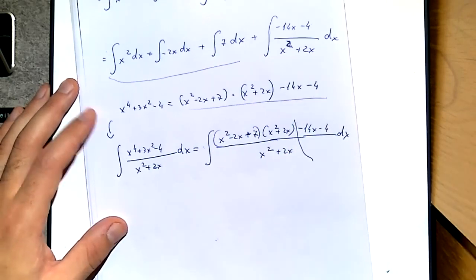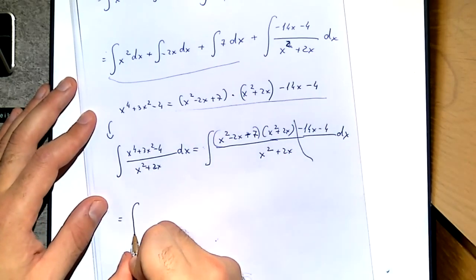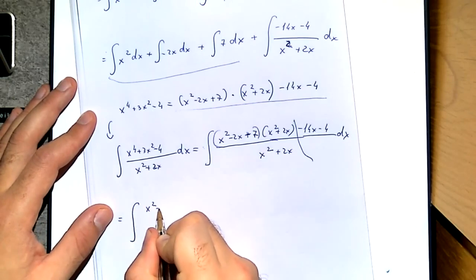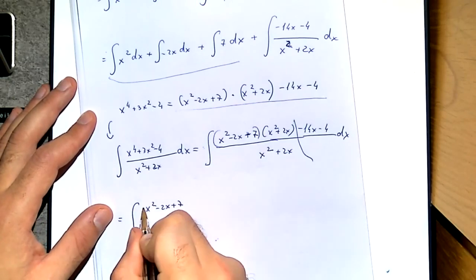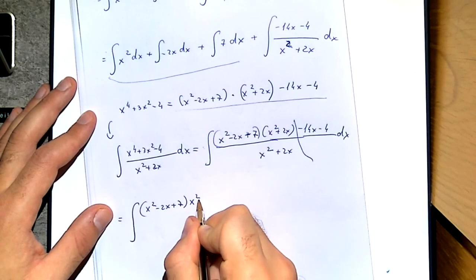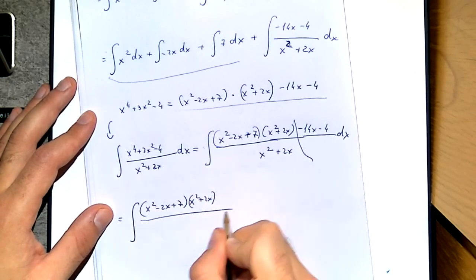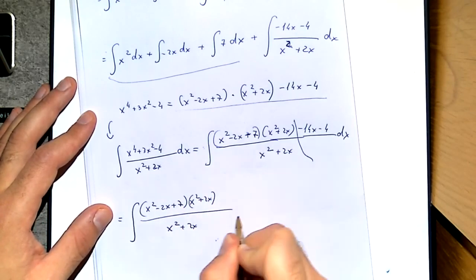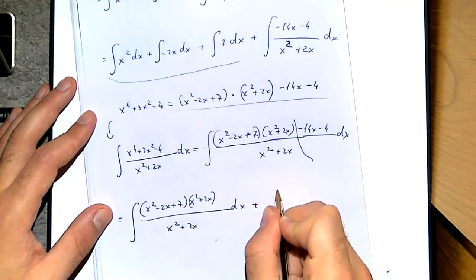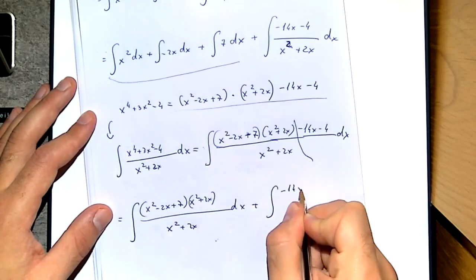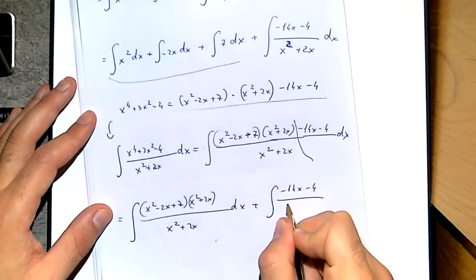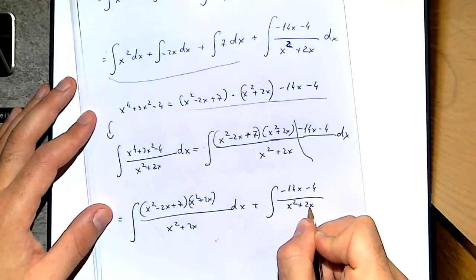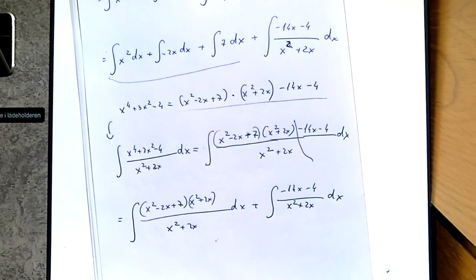Again, I just split it, and I get the integral of (x squared minus 2x plus 7)(x squared plus 2x) over (x squared plus 2x) dx plus the integral of (minus 14x minus 4) over (x squared plus 2x) dx.